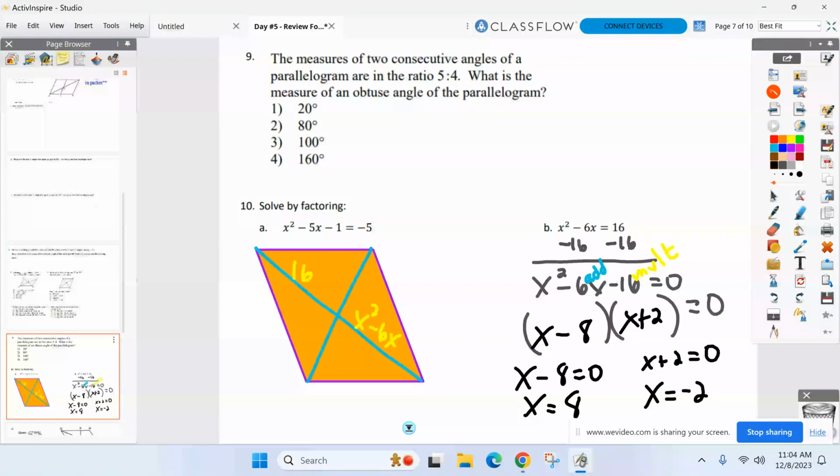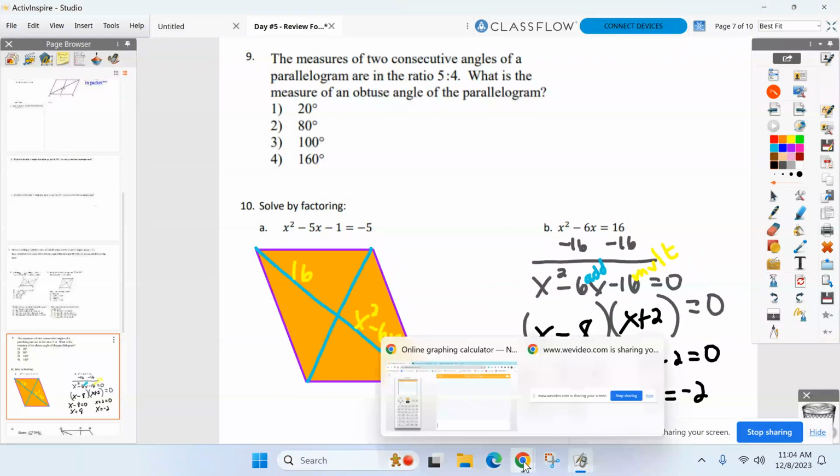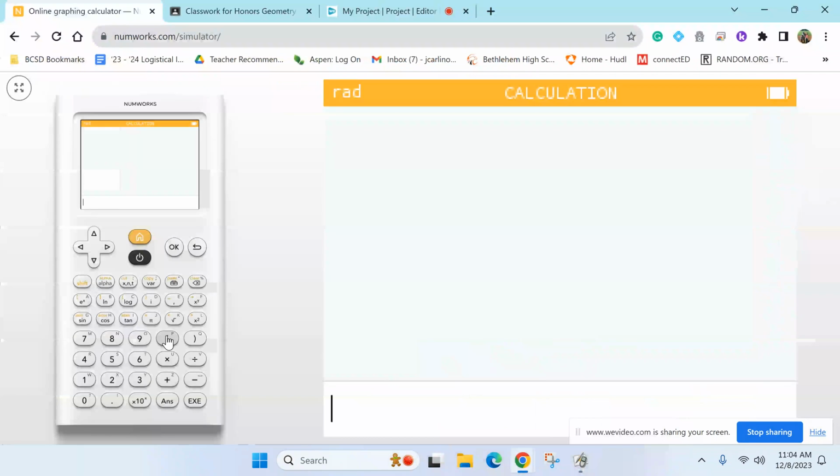So I'm going to plug it into x squared minus 6x, and I'm going to plug in -2 for x. I'm going to substitute in -2 for x. So when I do that, I'm going to put parenthesis -2 squared minus 6 parenthesis -2. So every time I substitute in for x, I'm putting in parentheses. Okay, I get a positive 16.